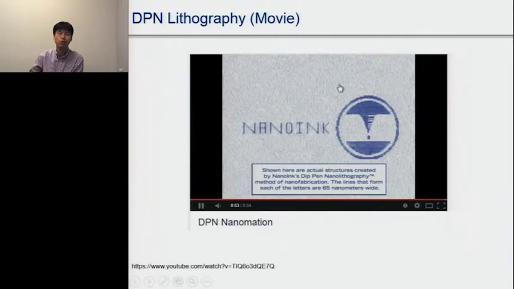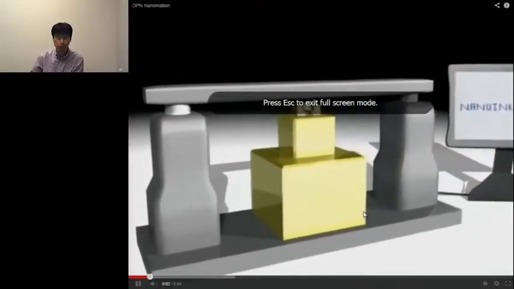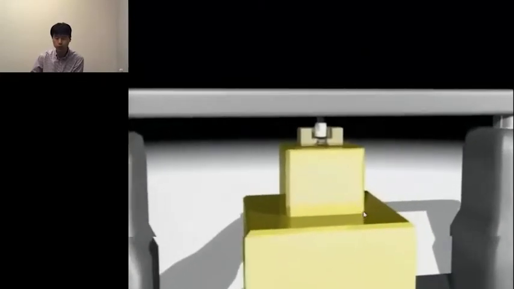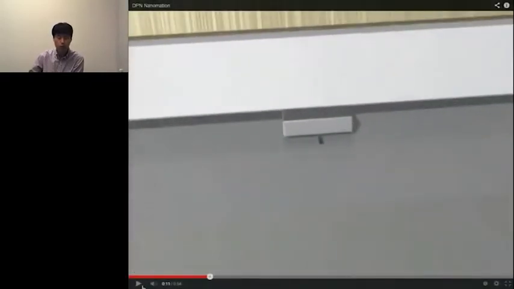To help you understand, I will show you another video. This video shows how dip pen lithography works. As you can see, the structure of the tool is almost similar to the AFM. You can see the AFM tip is mounted over here.